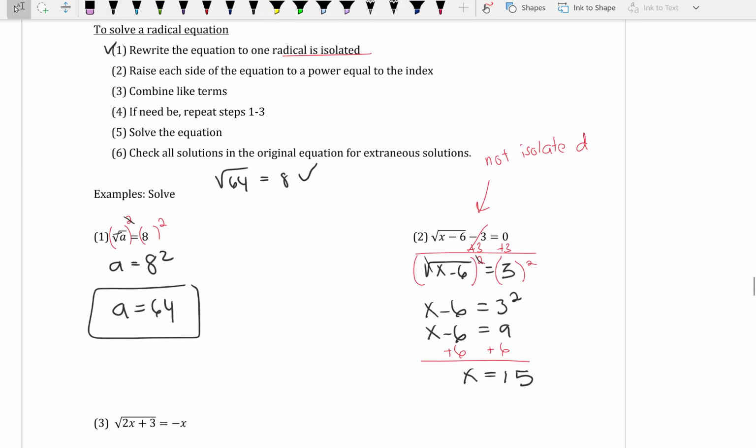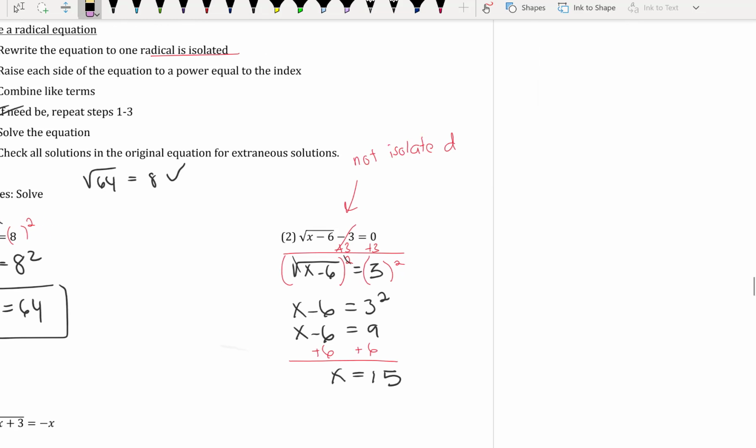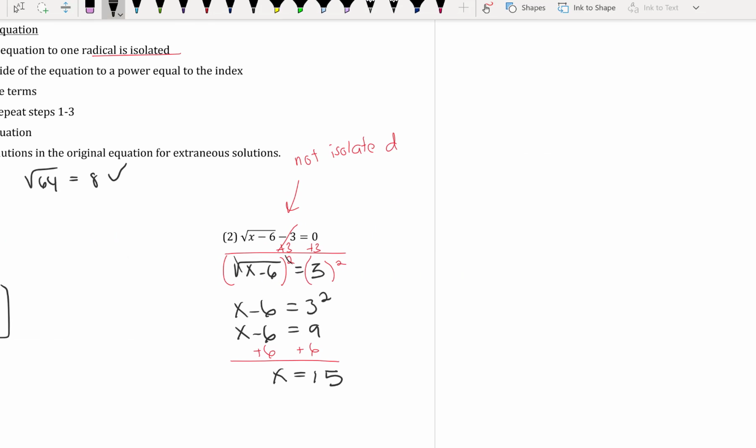Okay? So step number 2, step number 3, I didn't need to do step number 4, I did step number 5, but now I want to make sure that when I plug this back in, I'm actually going to get my 0. So the check, this is your last step. So I have the square root of x minus 6 minus 3 is equal to 0.